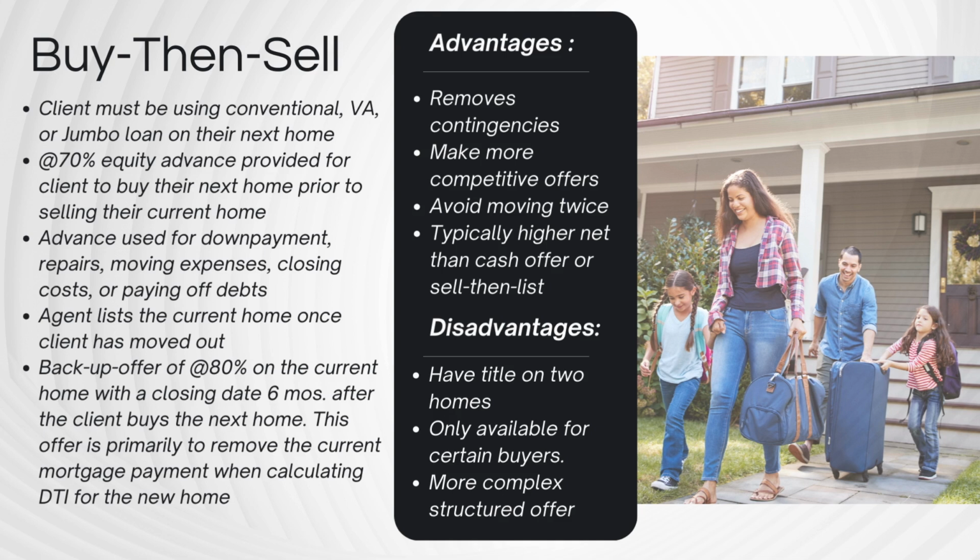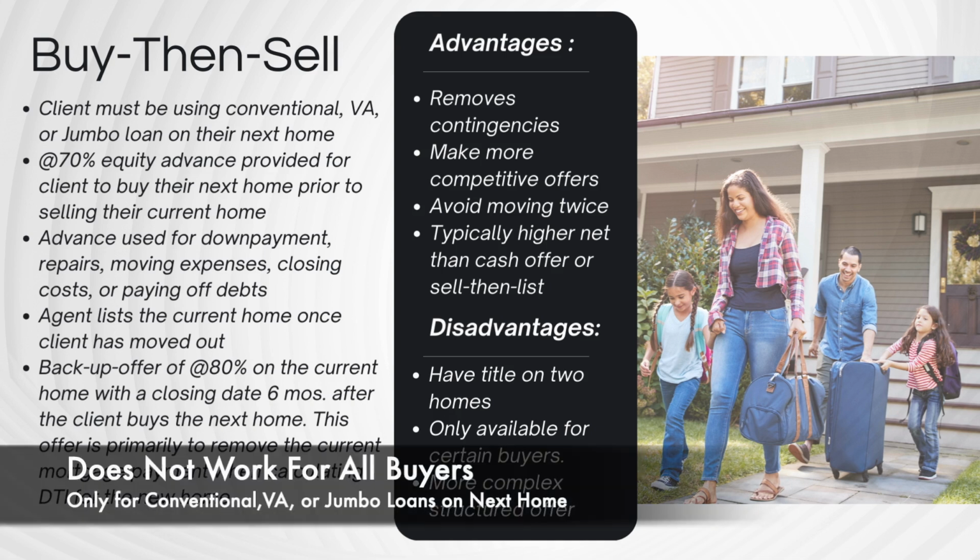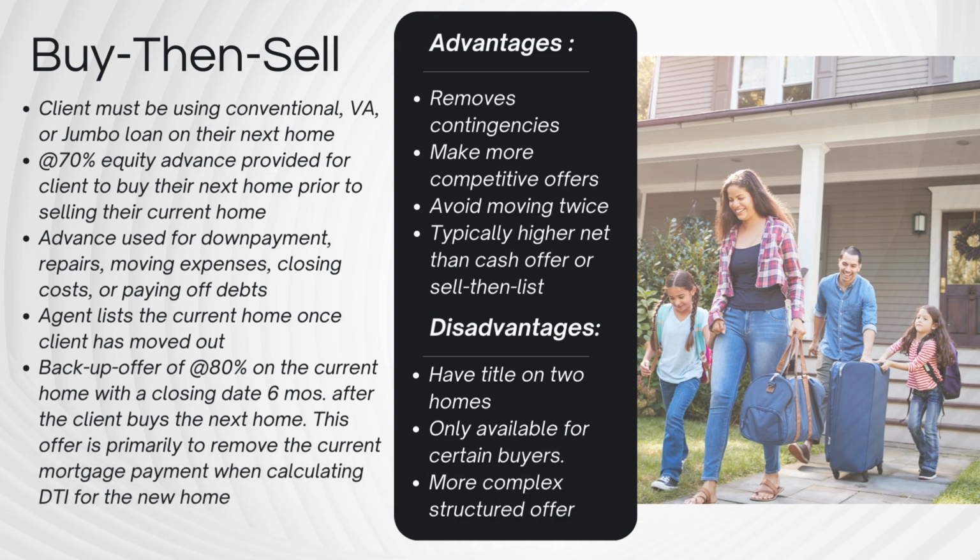The disadvantage is that you do own, for a moment in time, 2 homes, and it's only available for certain buyers. Client must be using a conventional, VA, or jumbo loan on their next home. They're typically going to get around 70% equity advance on the equity that they have in their home.